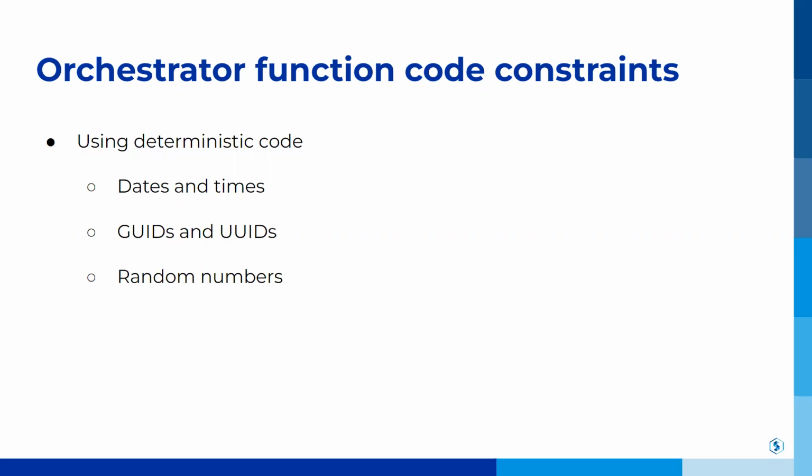If you try to get a new GUID in the orchestration, basically it's going to generate it on the fly, and you can be sure that the next time it runs, it's going to be a different ID. Just like the datetimes, the orchestration context has some methods for this particular case. So it persists the IDs, so you can use them concurrently or in different iterations or runs of the orchestration.